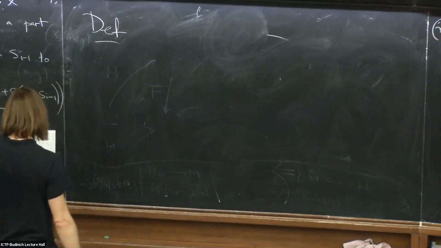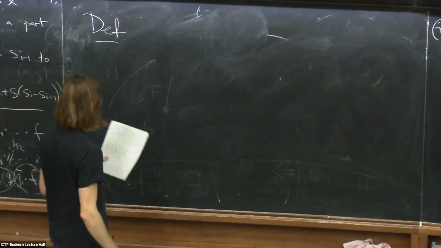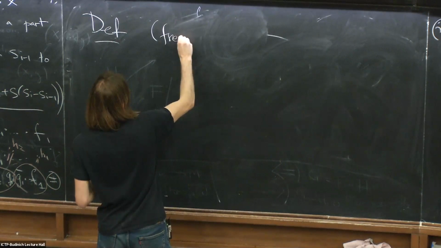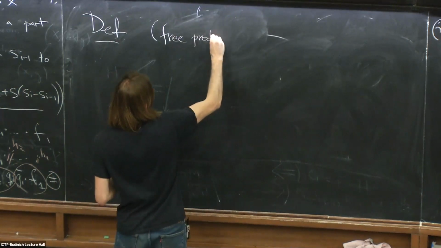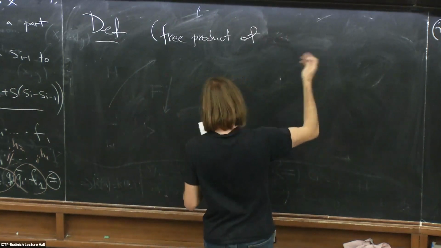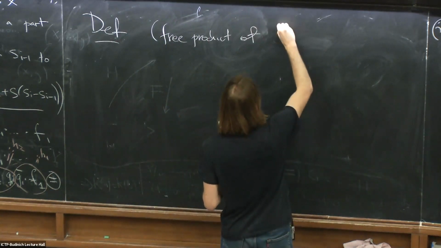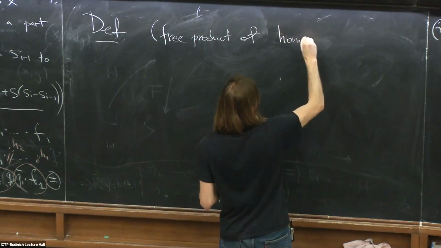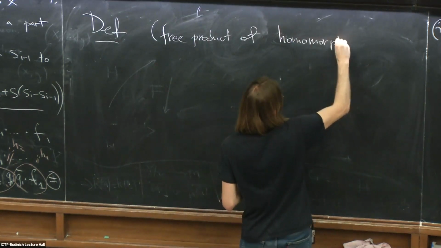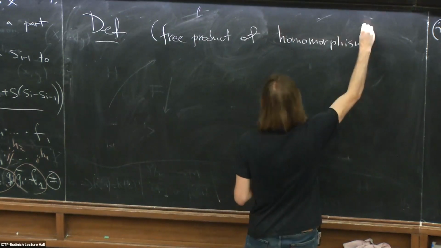Well, another definition which will be useful for us is the following. Again, a definition of free product. I can call free product not of groups as we had before, but free products of homomorphisms between groups.